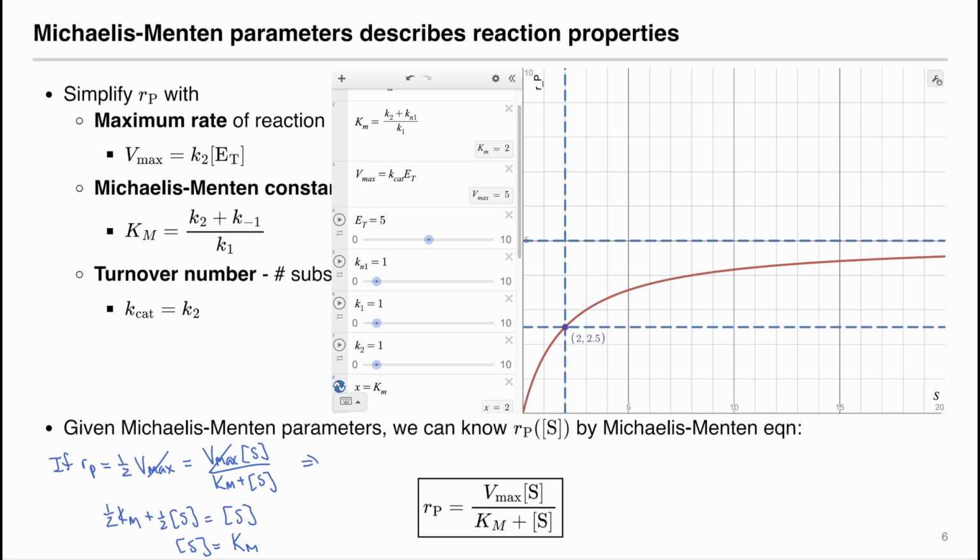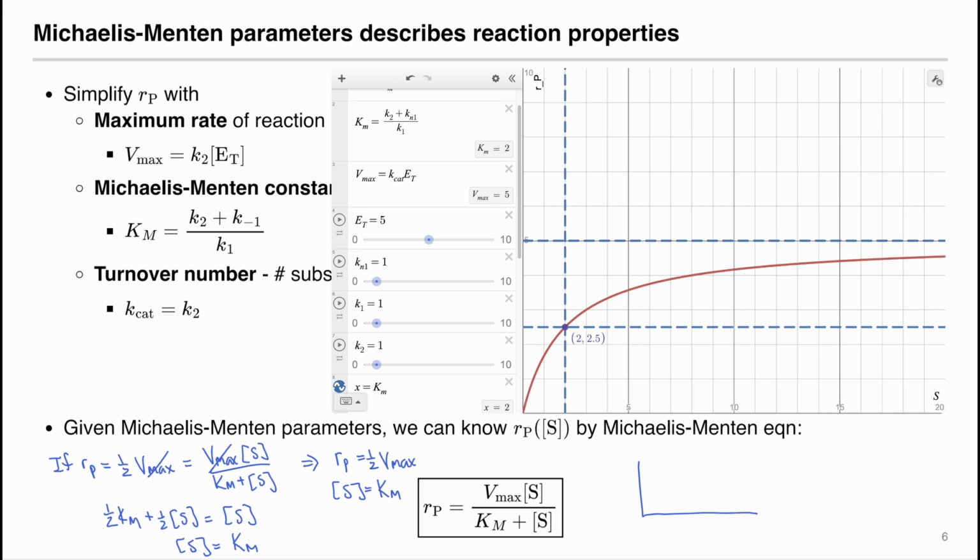Therefore, when R of P is equal to 1/2 Vmax, then the substrate concentration should be the Michaelis-Menten constant. And from the graph, we have seen that as well.